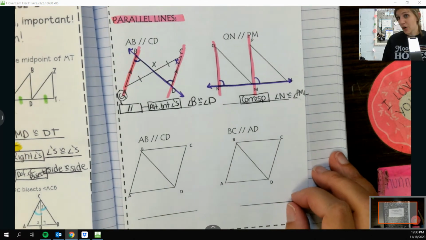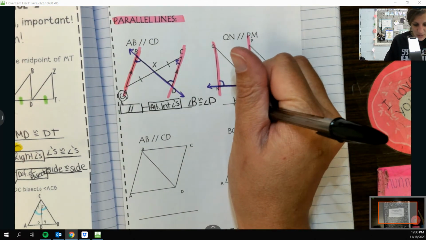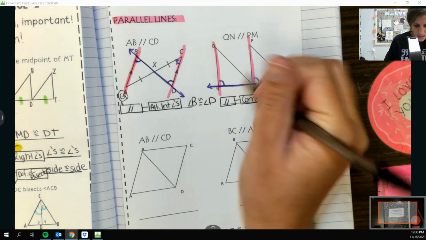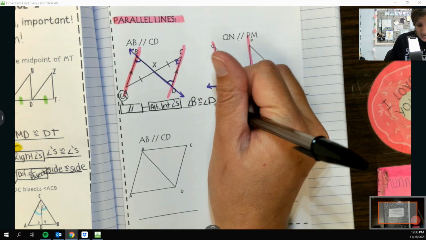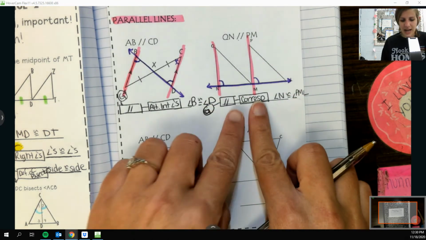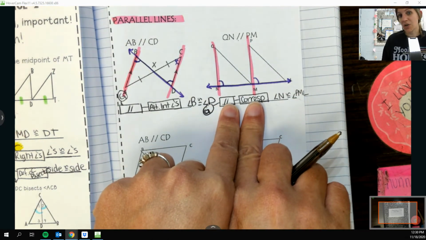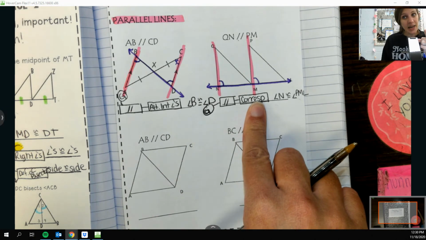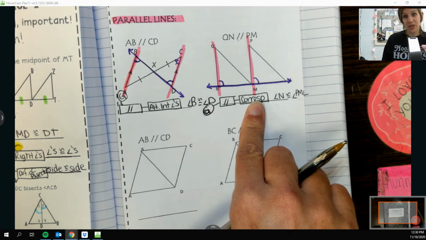However, they are only congruent if I have parallel lines, which I did. And I knew that I did because it was given to me. So again, this is one of those where you're going to have two rectangles coming off your tentacle because you need to name the pair and you need to know that the lines are parallel.